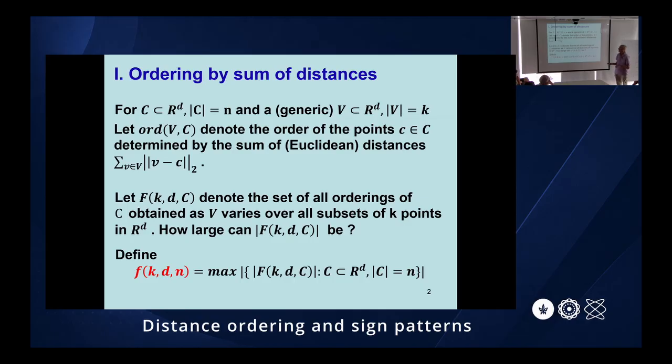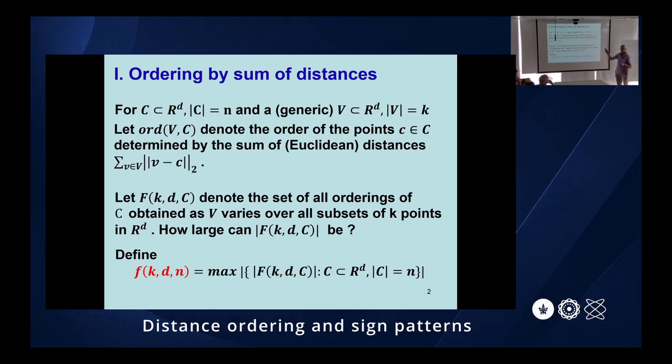There are k of them. Then we want to order the points of C according to the sum of distances they have from the points of V. For each point of C, I take the sum of all its distances to V, or the average, which is the same, and then I order from small to large.